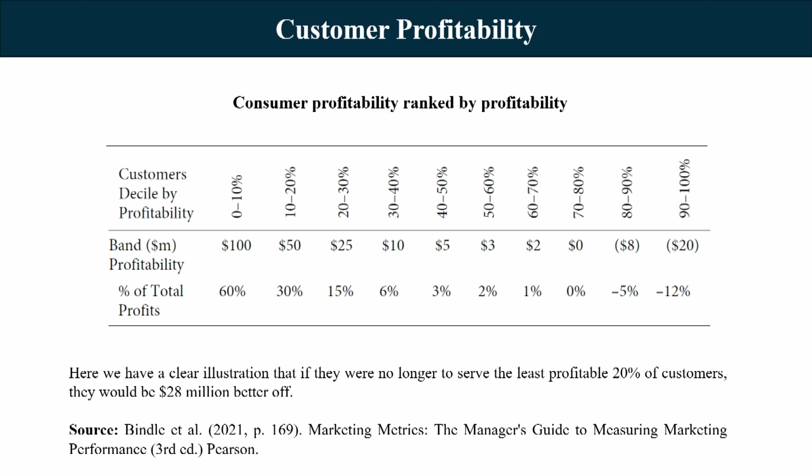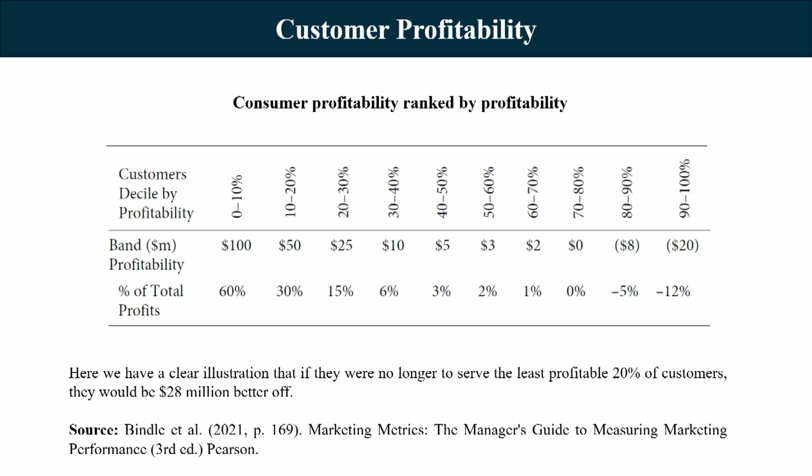The next 10 percentile, that is 10 to 20%, the profit is 50 million, 20 to 30%, the profit is 25 million and so on. The profit is getting reduced at every next 10 percentile, right.